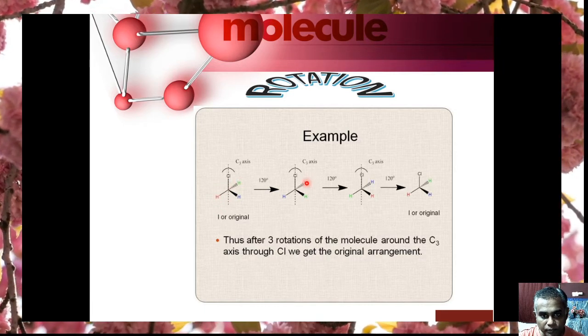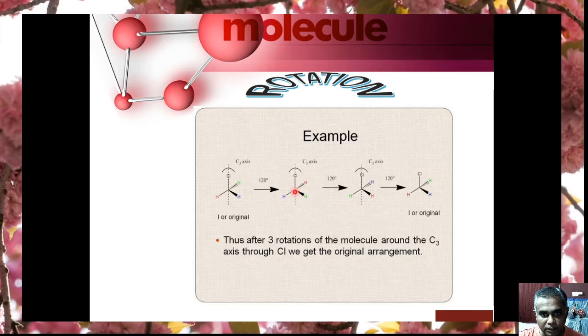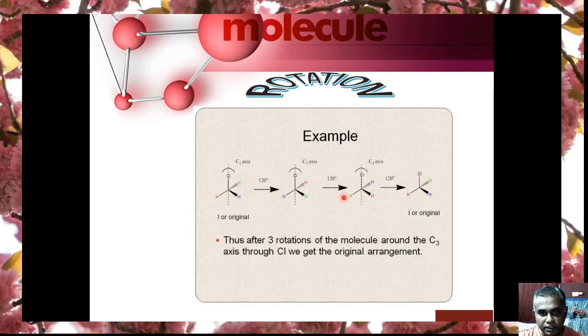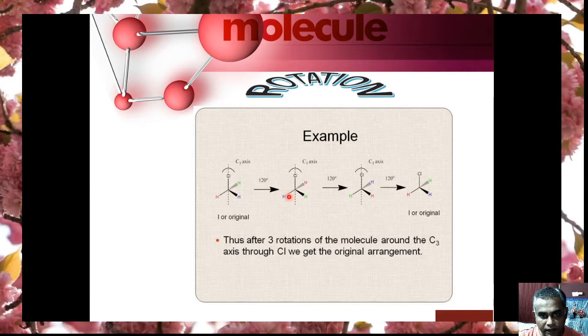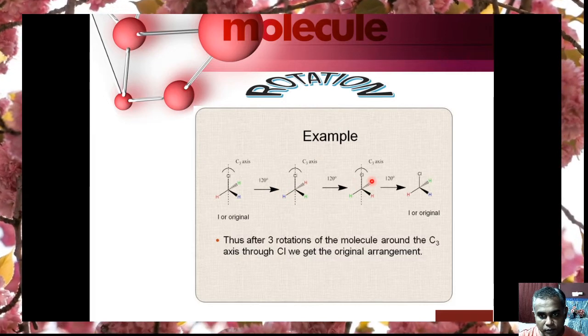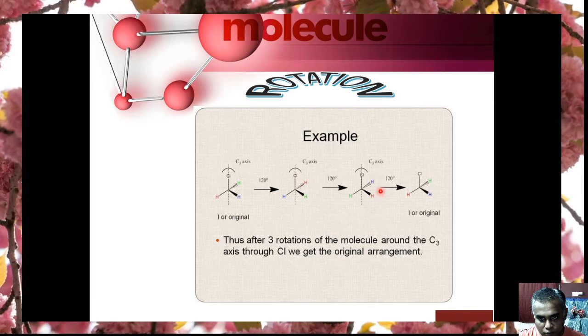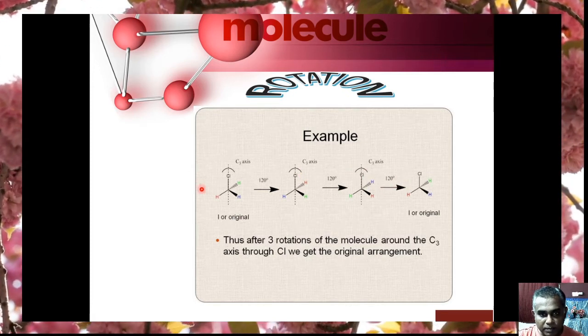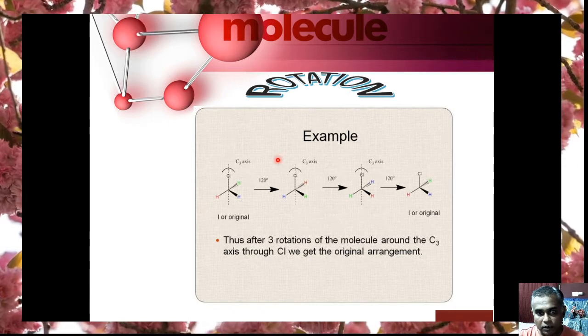You end up with the same kind of molecule. Again, if you rotate this molecule by 120 degrees, you can see the hydrogen with a blue color comes over here, and you end up with the same molecule. If you again rotate the molecule 120 degrees, you get back the starting molecule.